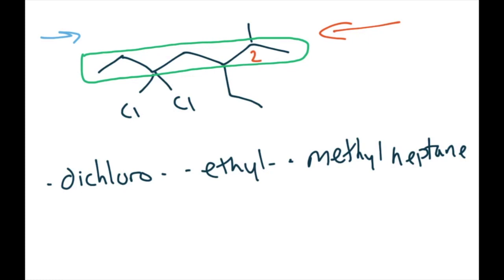If I go blue, my lowest number is 3. So I'm going to prefer to number in the orange direction because that gives me the lowest single number in my name. So this will be 2, 3, 4, 5. So this will be 2-methyl, 3-ethyl, 5,5-dichloro. So 5,5-dichloro, 3-ethyl, 2-methyl heptane.